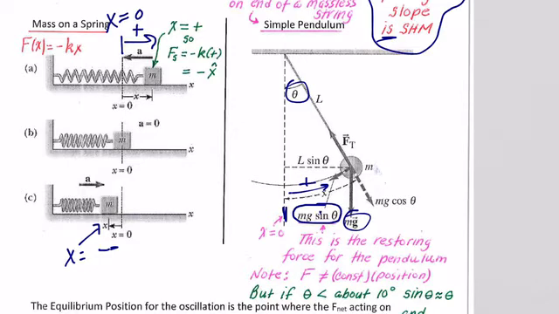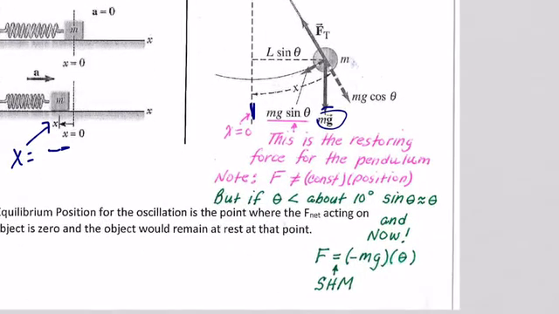So if we could scribble out sine theta and just make it theta, then we would have a situation identical to Hooke's law. And it turns out that's what we're going to end up with, to a very good approximation, when we look at only displacing the pendulum a very little amount.